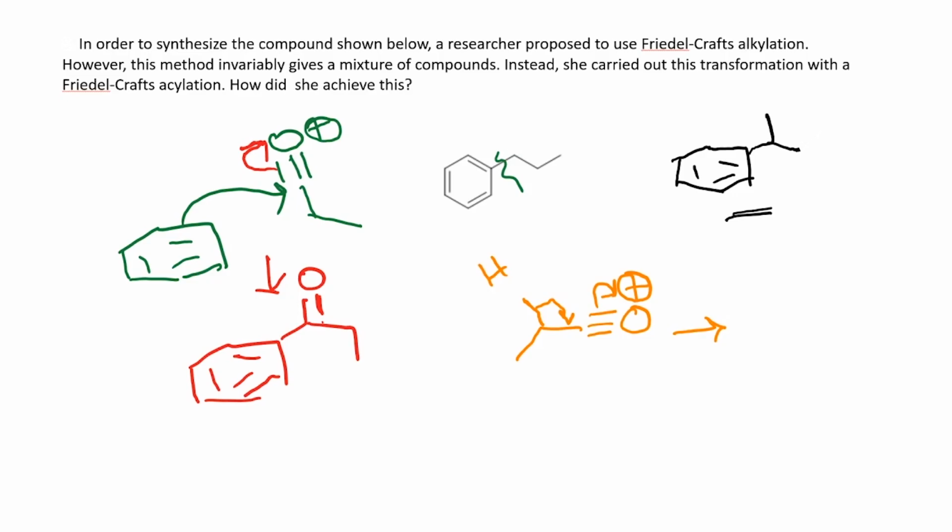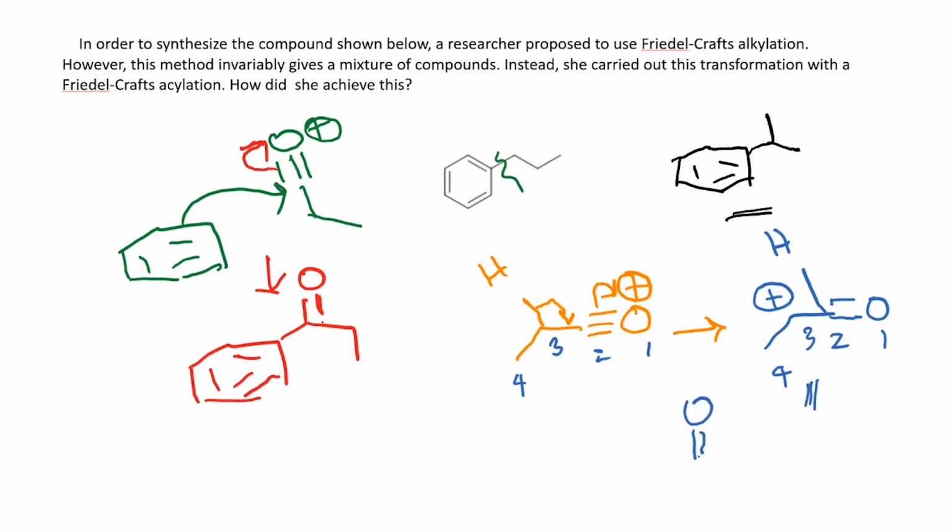Okay, so if we push the arrows, if you number this as 1, 2, 3 and 4, then your hydrogen ends up here and there's a cation over here. If I redraw this, what I get is C double bond O H with a positive charge over here.